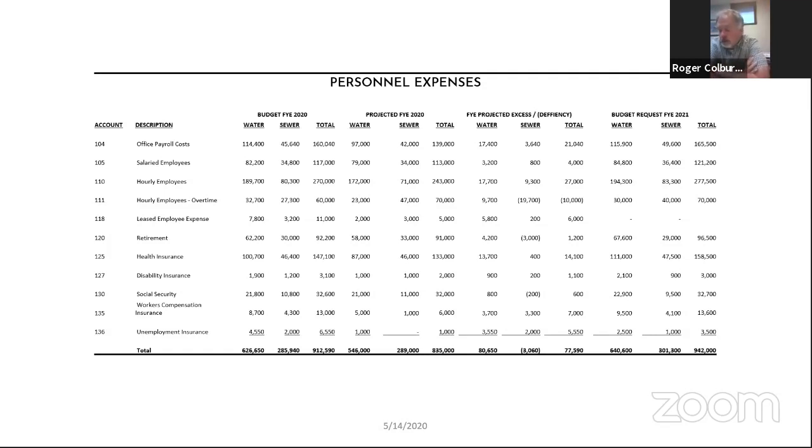So those have increased expenses, not only in the salary and hourly rates, but also down the line in the benefits as well. So those are things that we need to talk about. As a board, I remember we had some discussions.